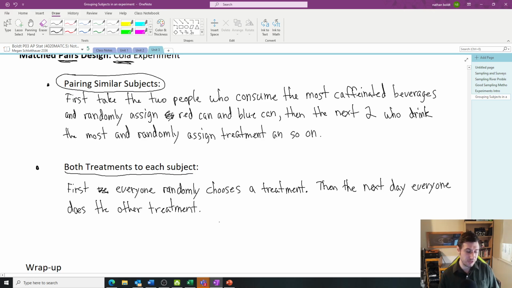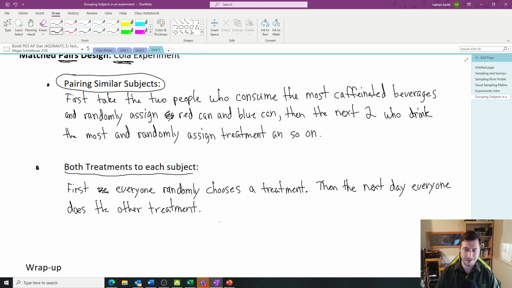So you personally are going to do both, but you have to do it in a random order. Because if everyone did the same order, there might be some issues that arise with our other confounding variables by always doing the soda with caffeine first and the soda without caffeine first. Maybe the second time you were ready for it, and you're like, I'm going to deep breathe so that my pulse rate doesn't go up.